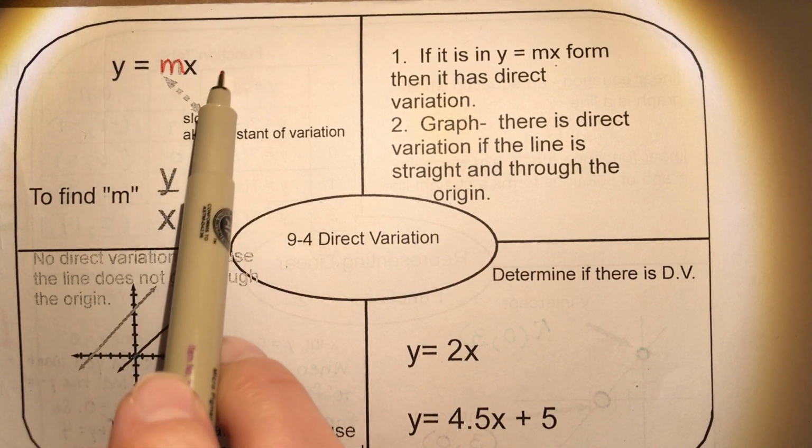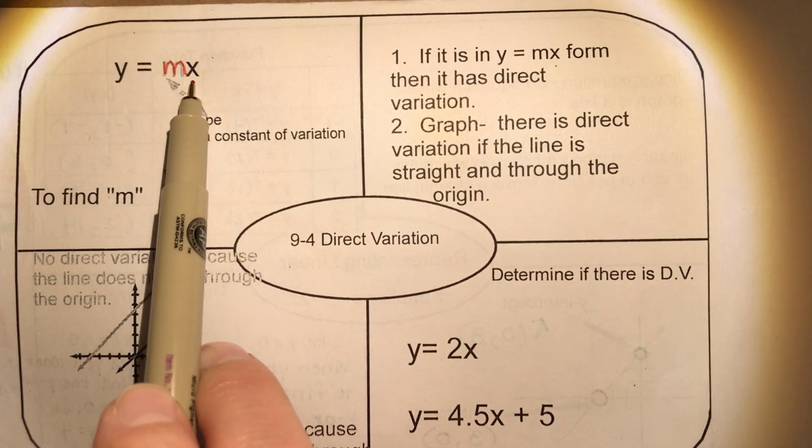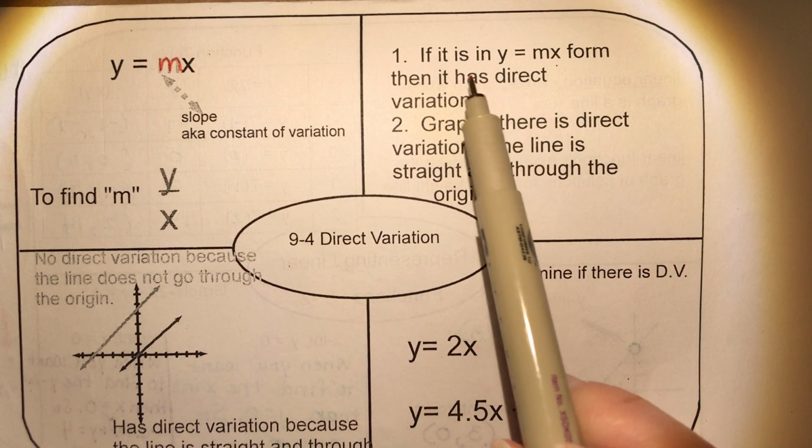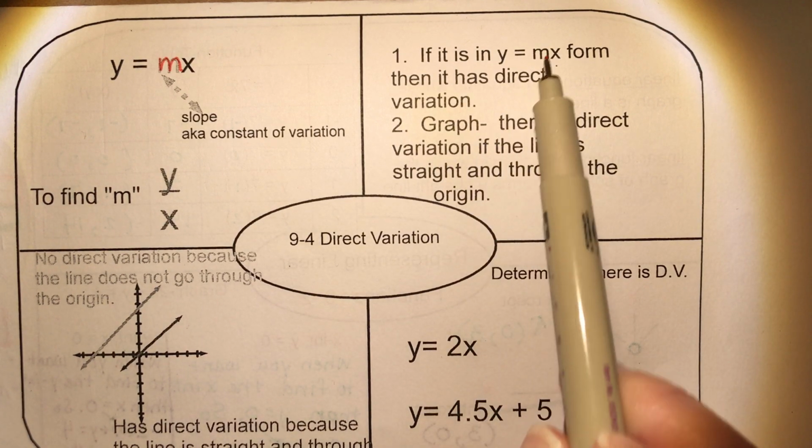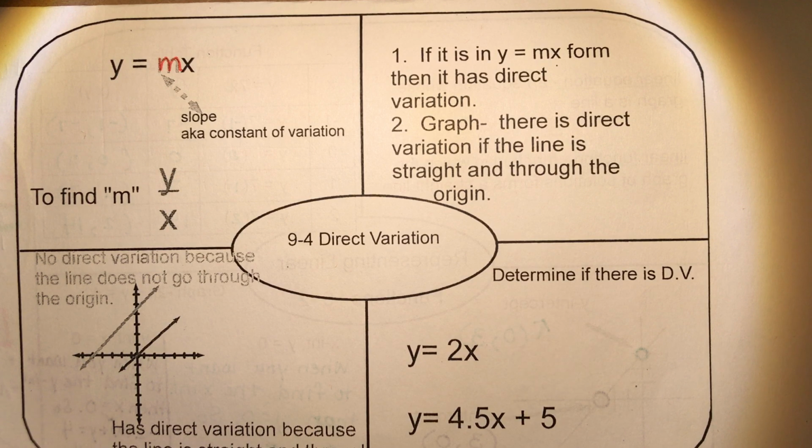If it is in this format, y equals mx, if you read over here, if it has that y equals mx format, then it has direct variation. So if I were to jump down to here, does this have direct variation?